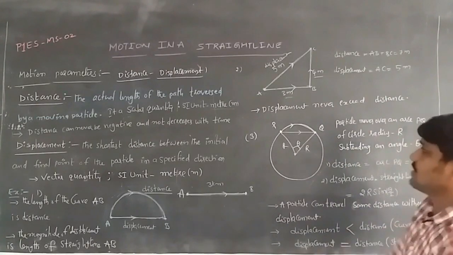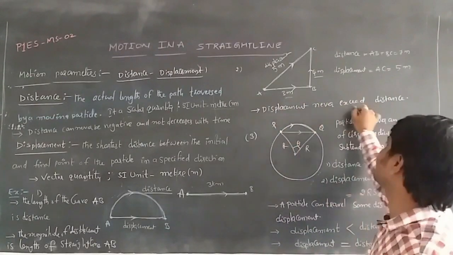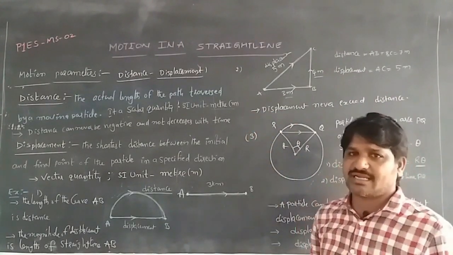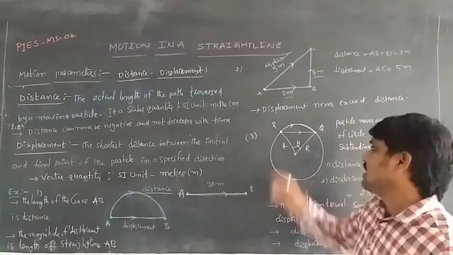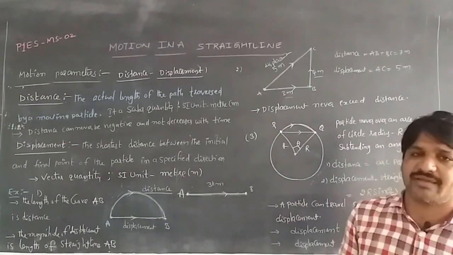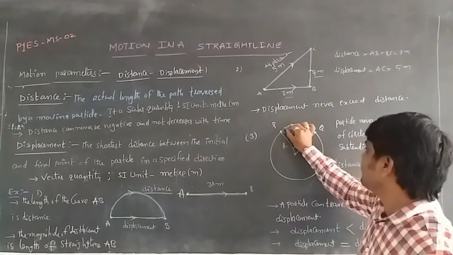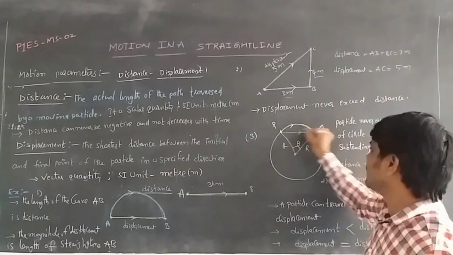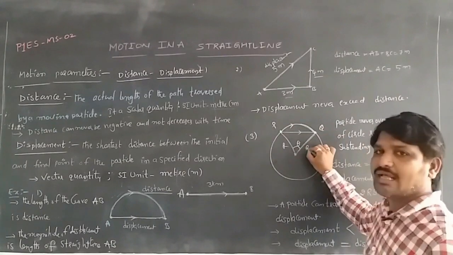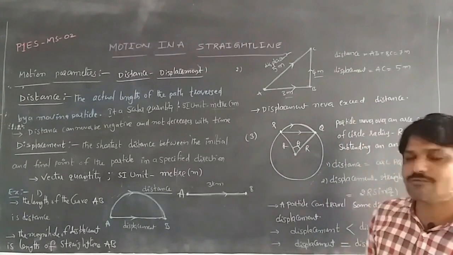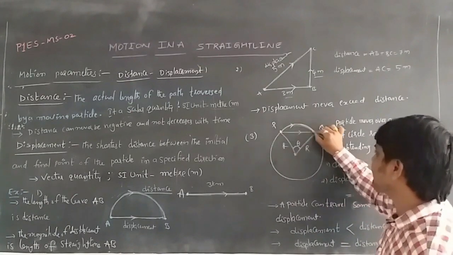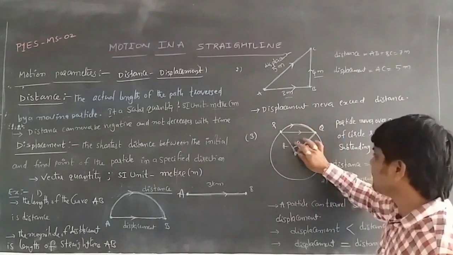And the third point: the displacement never exceeds the distance. Already we said that. When the particle is moving along the arc of a circle, this is the arc, when it travels in the arc from P to Q, on a circle of radius r, then its distance will be as follows. It makes a subtended angle theta from the initial point to the final point at the center.